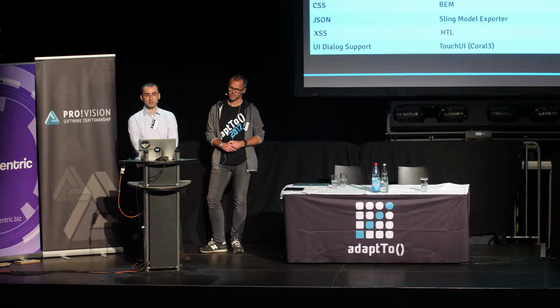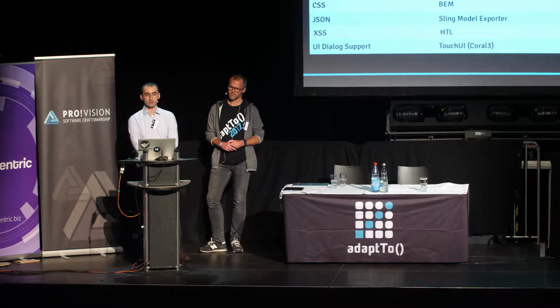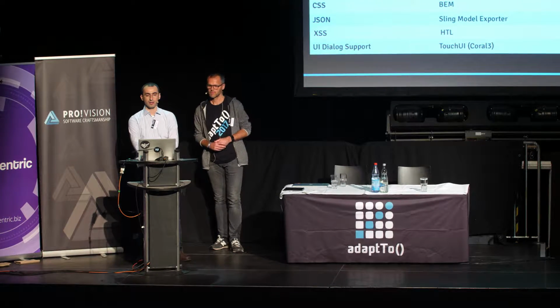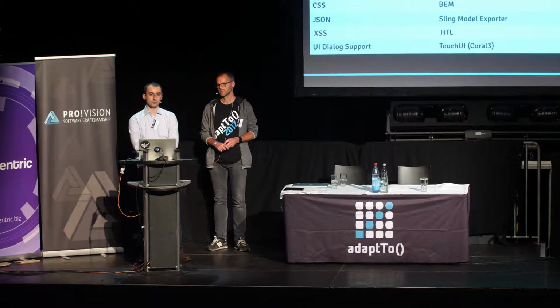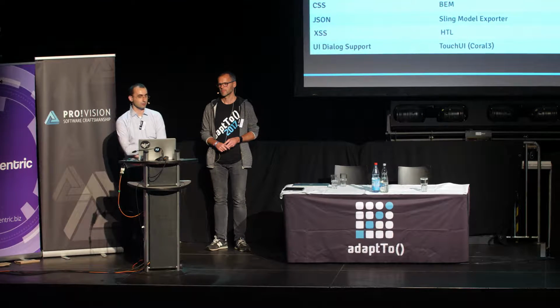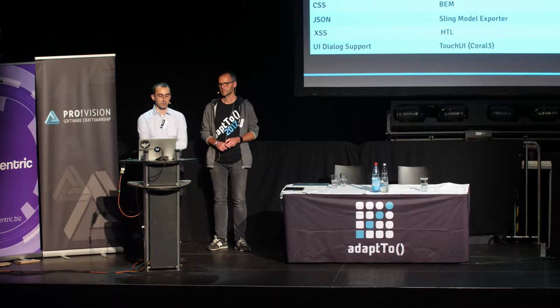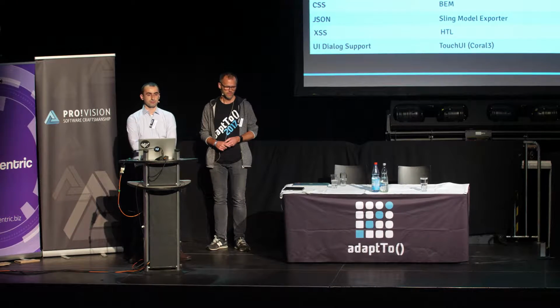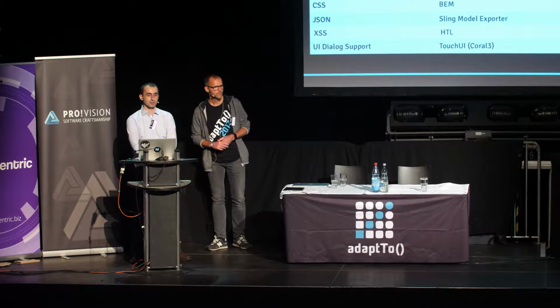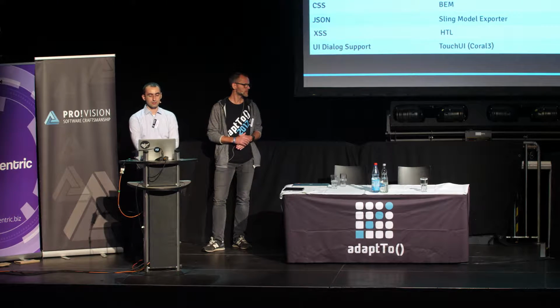Well, the thing is, with versioning, you should be safe to install a new version of the core components and you will also have the older versions, but you get all the goodies with the new versions without breaking your existing implementations. Also, we've moved from a mix of mostly JSP and some HTL to HTL.